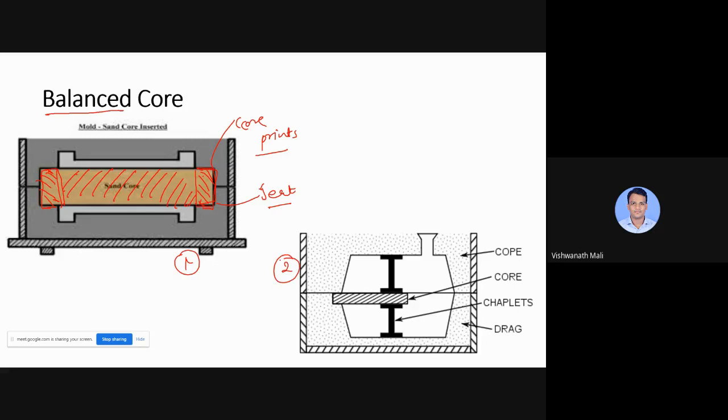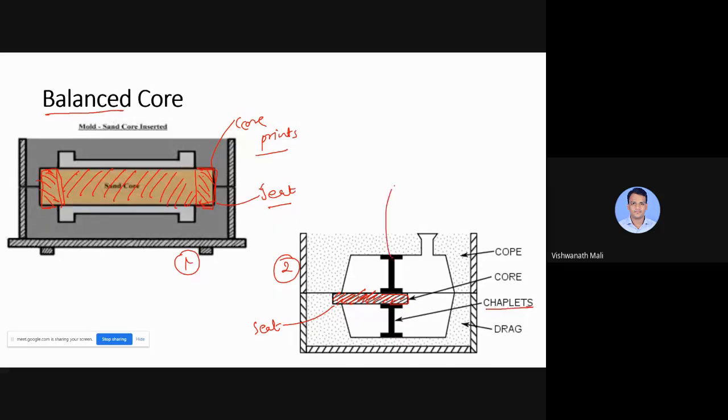Now in the second example, if we don't require the hole which is throughout. In the first case, the hole required is throughout the length of workpiece, right? But in some cases, we require the hole only up to certain depth or up to certain length. In that case, what we do, one portion we support with the help of core print or seat, and the other portion which is hanging, that we support with the help of chaplets.